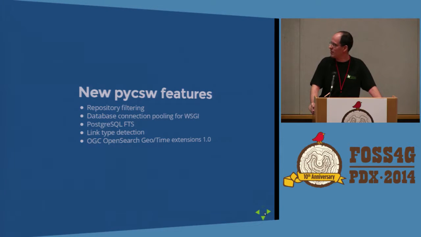This is the extension that lets you do OpenSearch queries providing a bounding box and not only keywords. This was implemented in pycsw, and actually this is going to be released on Saturday. But it is already in the Data.gov CSW deployment.